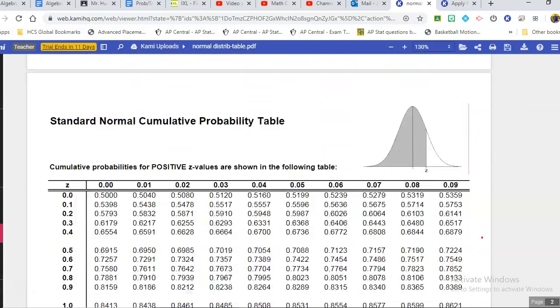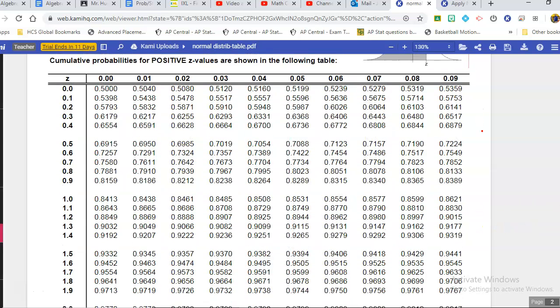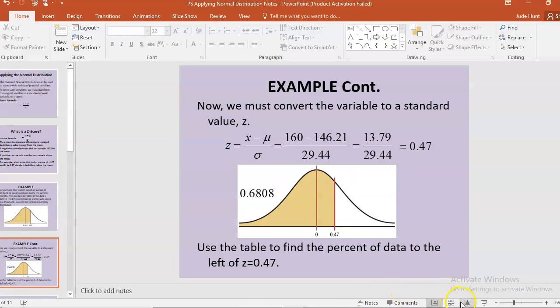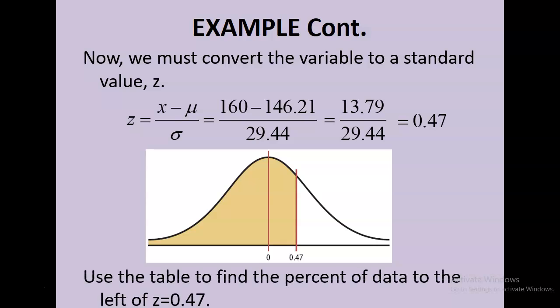The way we do that is we go to positive 0.4, which is right here, and we move all the way over to 0.07, excuse me. And our value would be 0.6808. So that's going to come into play here, and you can see after we've worked that out, we go to the table and find the percent of data that is to the left of 0.47.